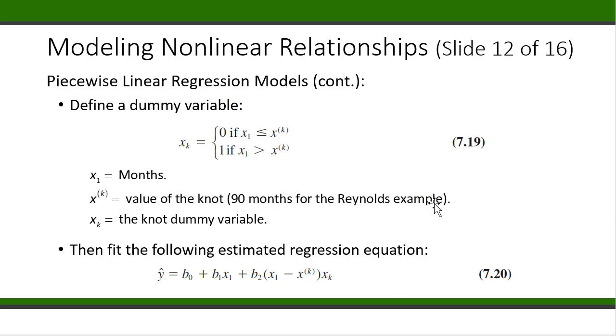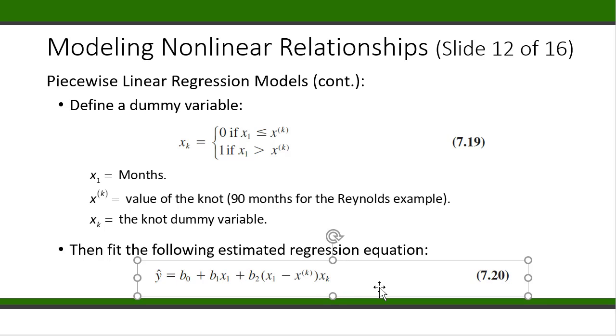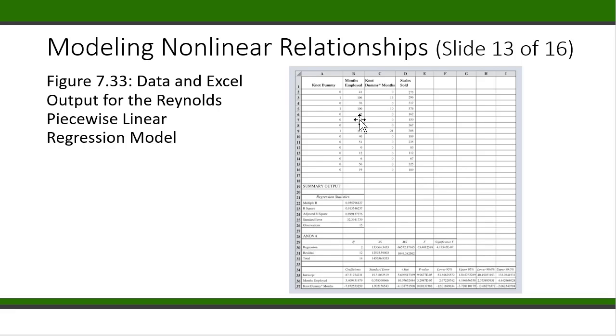So for us, the knot's going to be at 90 months, right? So to represent that, then the regression equation for a piecewise linear regression is our predicted value sales is going to be b sub 0 plus b sub 1 times x sub 1 plus b sub 2 times x sub 1 minus whatever our knot value is for that particular observation.